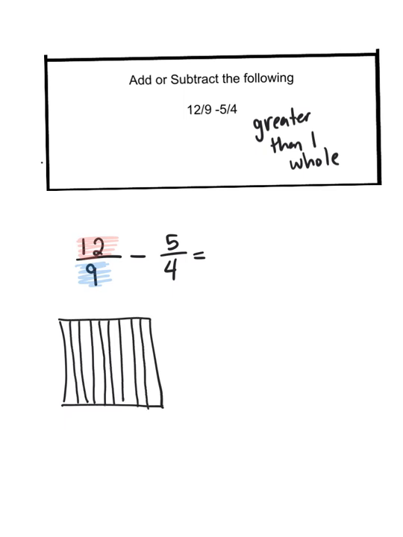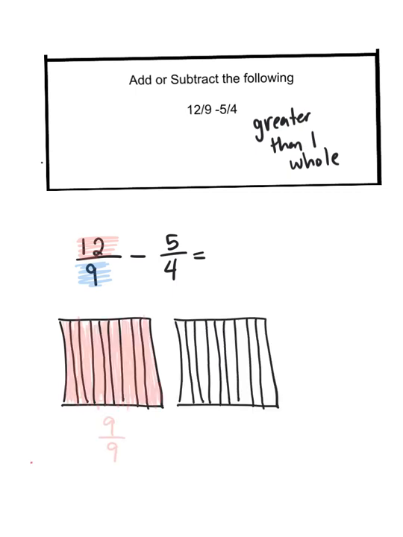Okay, so here's my 1 whole, and I have split it into 9 equal pieces, and I'm going to shade all 9 of them to start with. So that is my 9 ninths. And then to that, I'm going to add 3 ninths, sorry, for a total of 12 ninths.